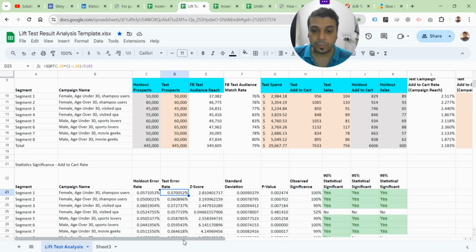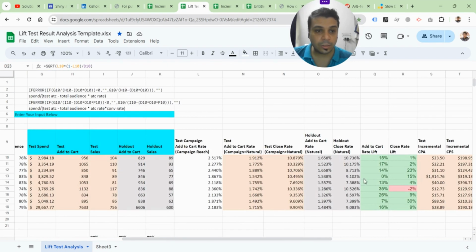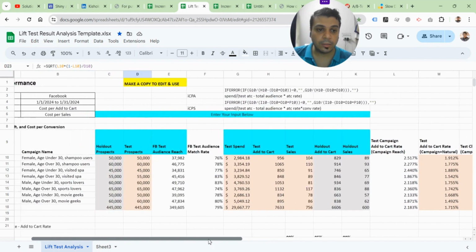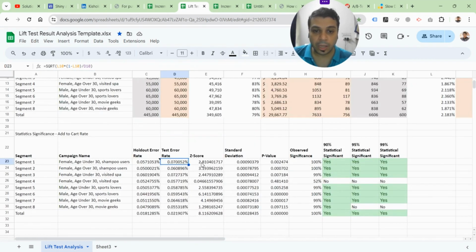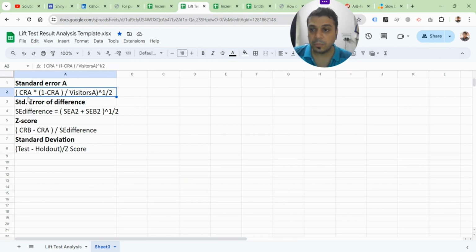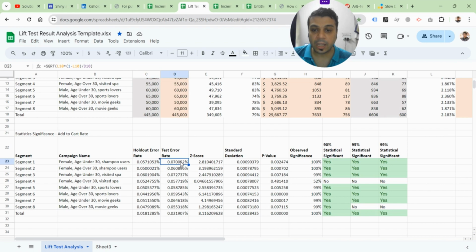Okay, so the test rate, as you can see here. So we are looking at add to cart, for instance, and we are basically doing a standard error calculation of that. So standard error is basically that particular proportion divided by the total audience and the square root of that. Okay, so that is how it's calculated.